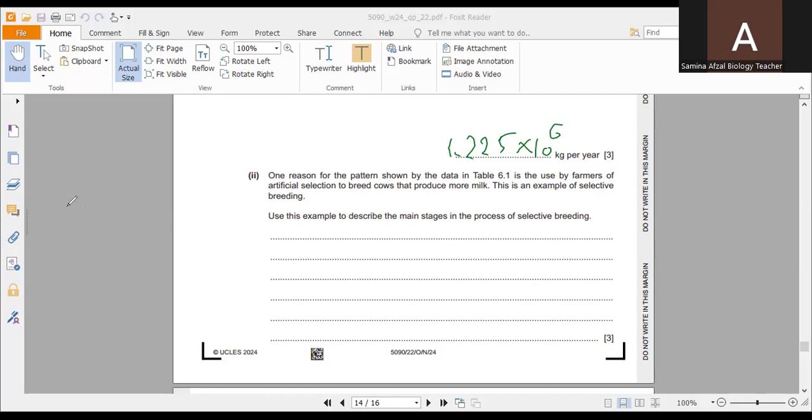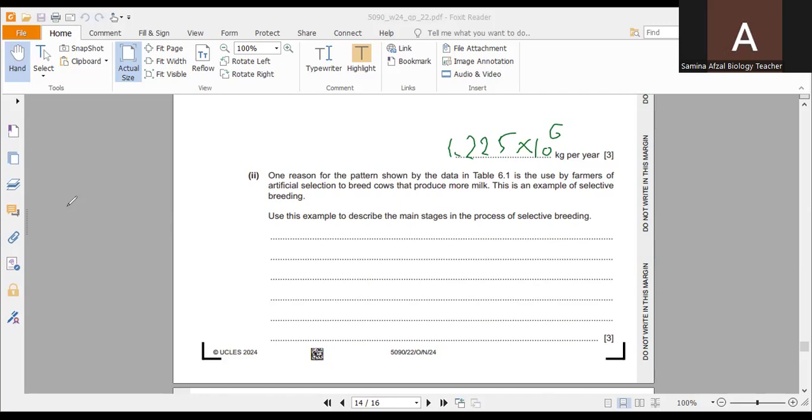The farmers should identify what they want. As they need high milk yield, they will find the cow which produces a high yield of milk.